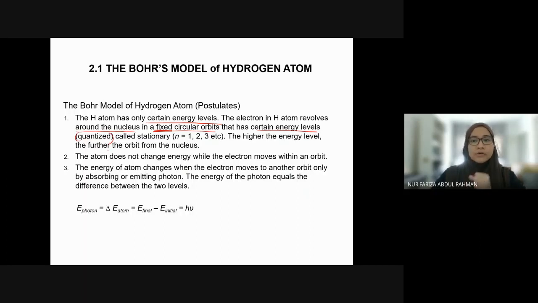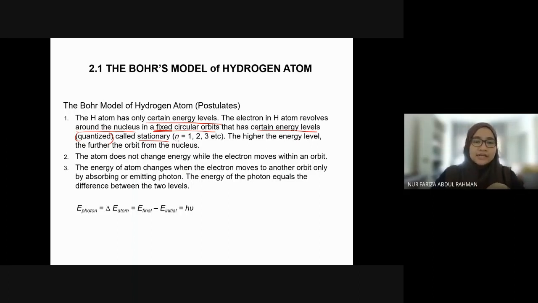Quantized. So it has a certain energy level. It has its own energy. So this fixed circular orbit or energy level is called stationary because it will not move. The one that moves will be the electron. So that is why this orbit is called stationary.